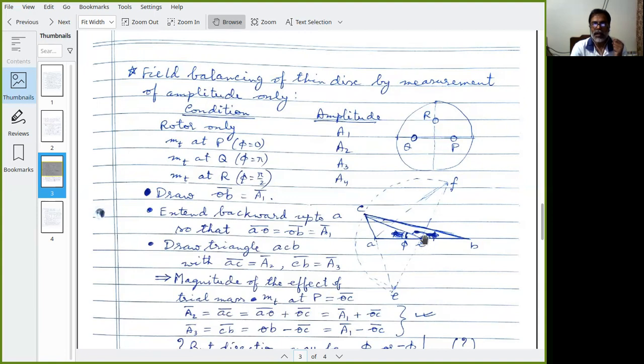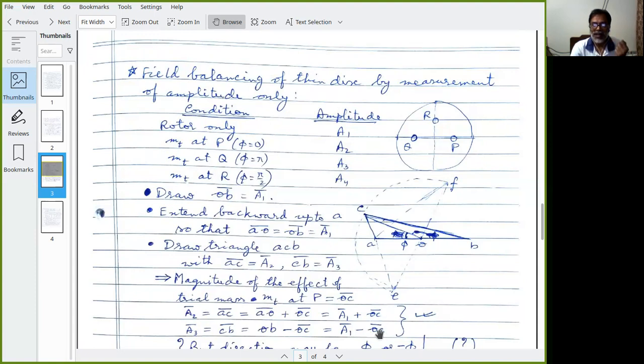And check it from the other side also. A3 is CB. What is CB? CB is CO plus OB. OB is the same A1 on this side, and CO is minus OC.